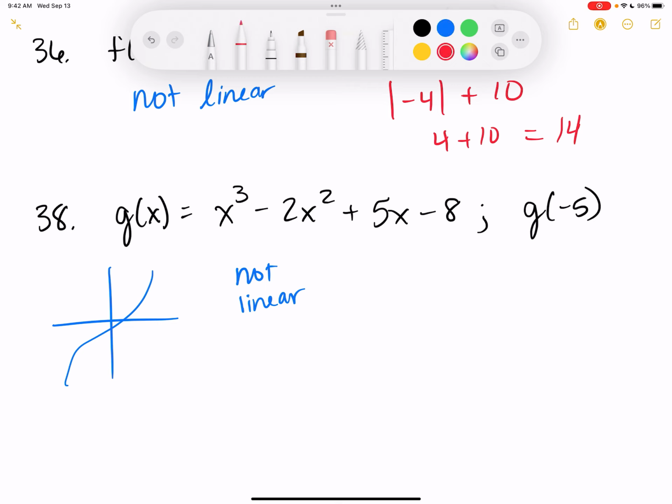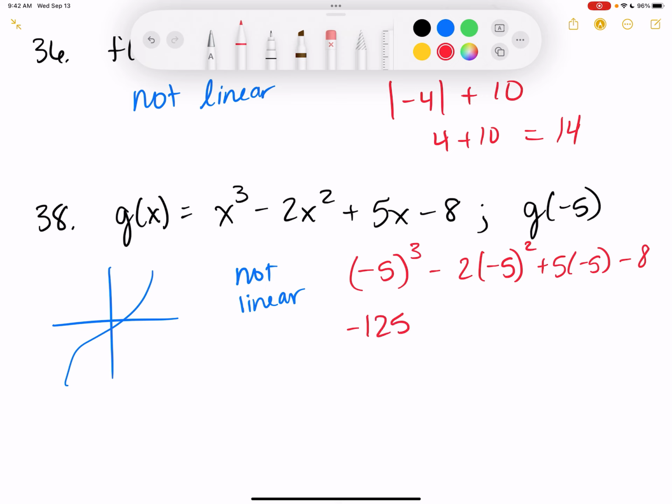And then plugging in negative 5, so I've got negative 5 cubed minus 2 times negative 5 squared plus 5 times negative 5 minus 8. Negative 5 cubed is? Negative 125.